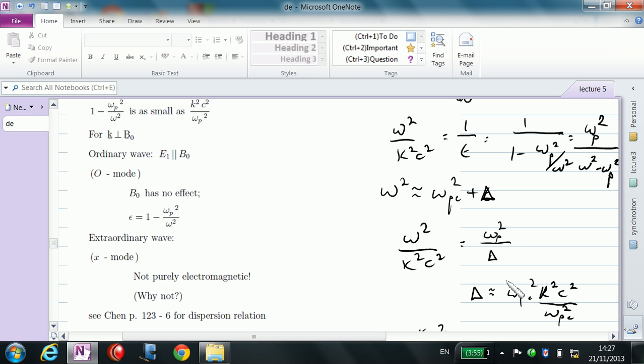With plasmas, you have omega squared equals c squared k squared plus omega pe squared. Is that correct? I think that's correct, I think it follows from this. Let me just make sure.